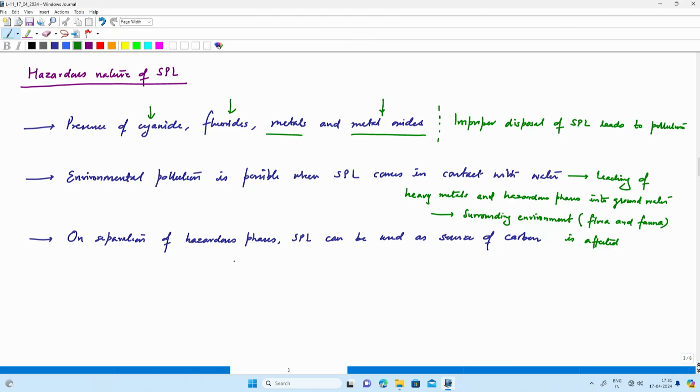On separation of hazardous phases, SPL can be used as a source of carbon. So, if we somehow remove cyanides, fluorides, metals and metal oxides and other hazardous materials from SPL, all we are left with will be basically carbon, because that was the initial composition of the raw material that was basically used in the Hall Héroult process.